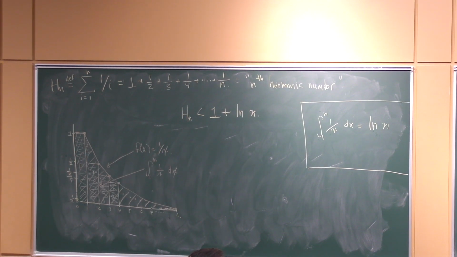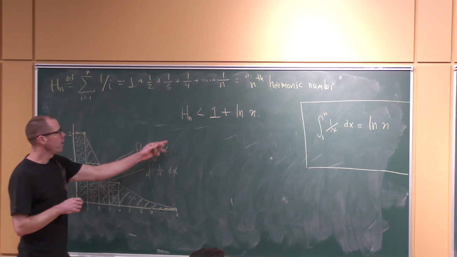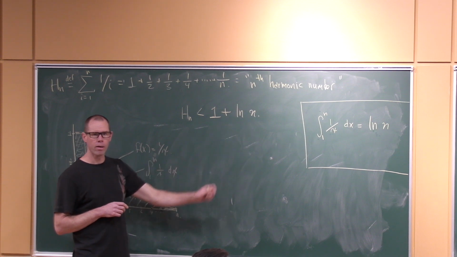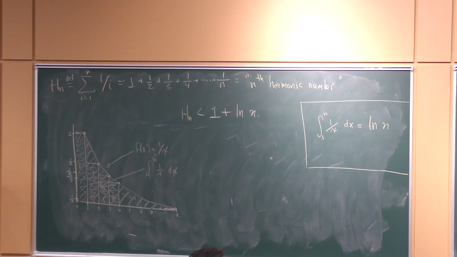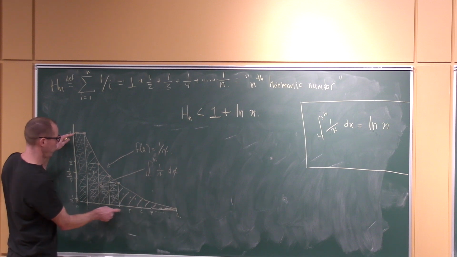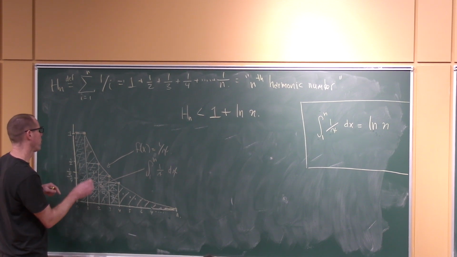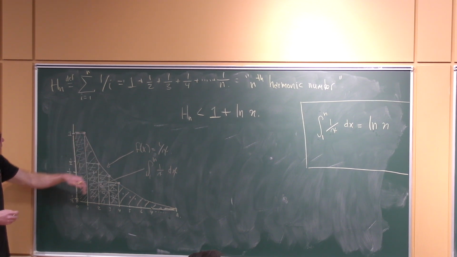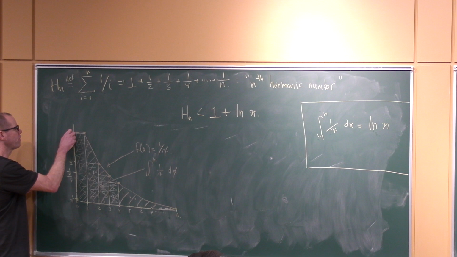So this tells us that H of n is smaller than 1 plus ln of n. Now, on the other side, if I just take this curve and move it over by 1 unit, then instead of passing through the right tops of these things, it passes through the left tops.